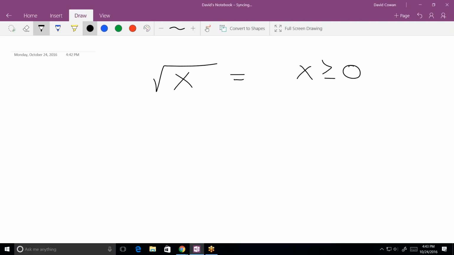I do not consider the existence of imaginary numbers to figure out what x can be in the square root of x. It has to be positive. You cannot take the square root of negative numbers.